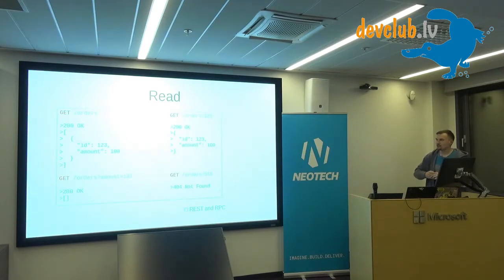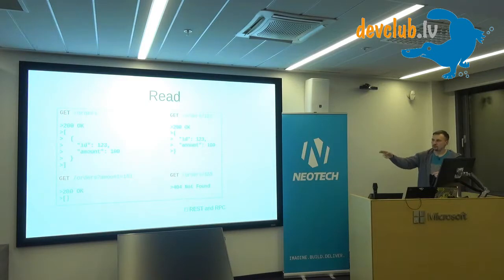Then in this slide we do read, and I put them both in the same box because I don't think it's possible to mess up GET. I think that whatever you do, even if you do it wrong with remote procedure calls, you would still get it right. So the way it works is that if you want to get a collection, you do GET on the collection, and you get a collection of items with 200 OK.